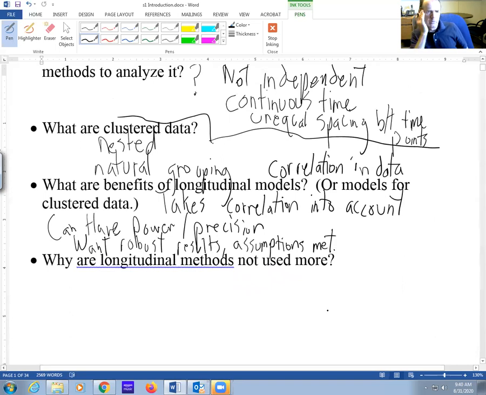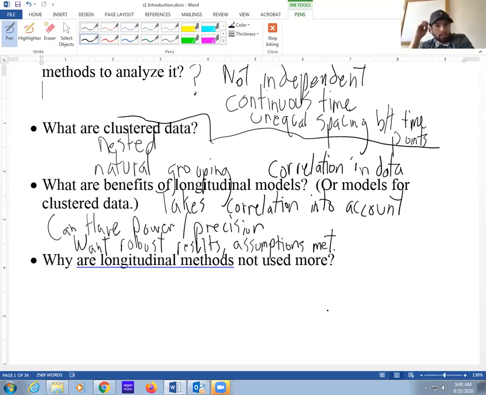Why are longitudinal methods not used more? Any ideas? Just based on your experience, you may have limited experience, you may have more experience, but do you have any ideas about why they're not used more?